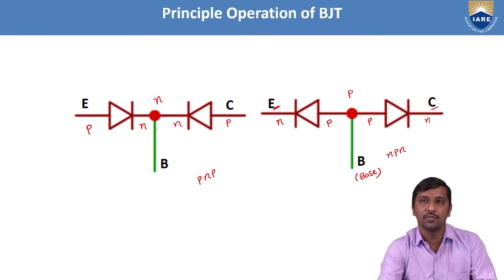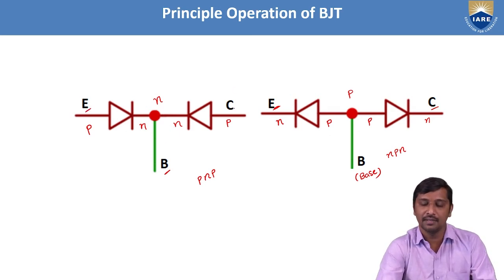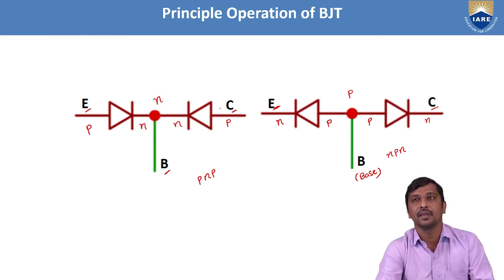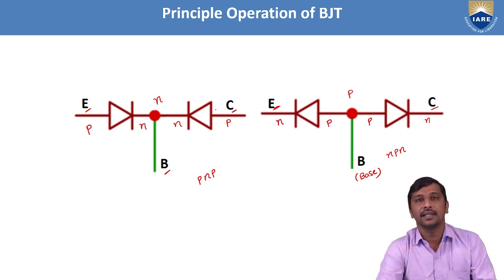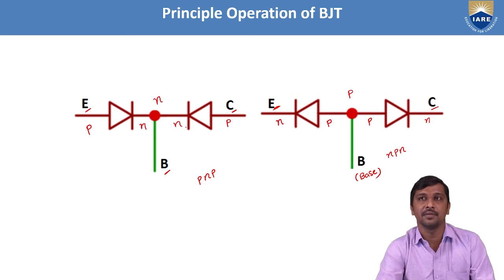Similarly here also, in the PNP, the two end materials are shorted and that terminal is called the base, and the opposite two ends are defined as emitter and collector. So this is the construction of a bipolar junction transistor. Based on this construction, the BJT is classified into two types, PNP transistor and NPN transistor.